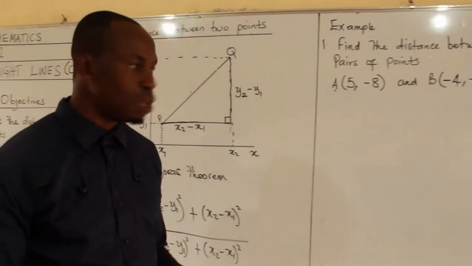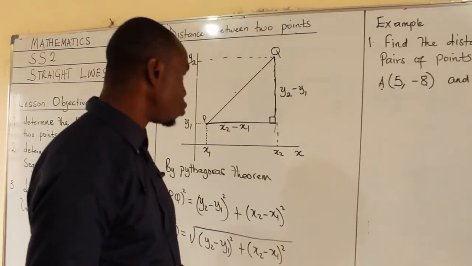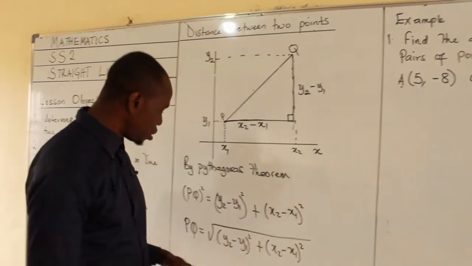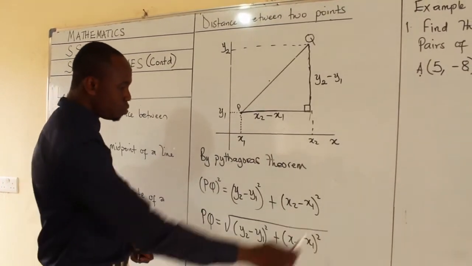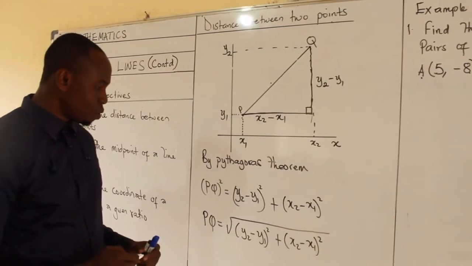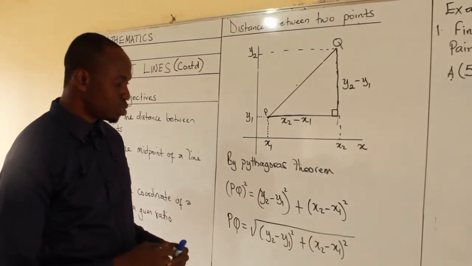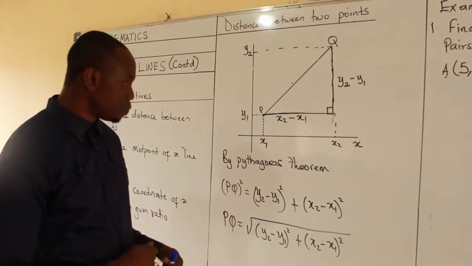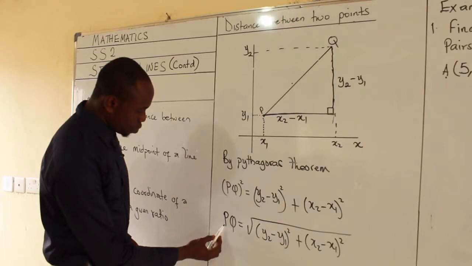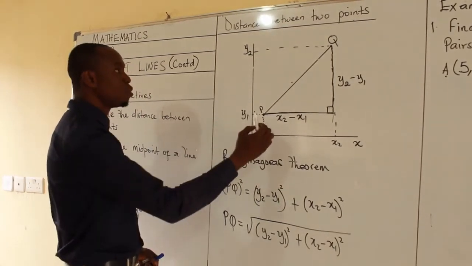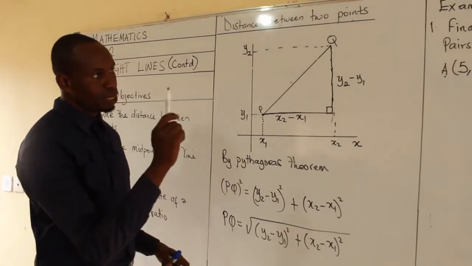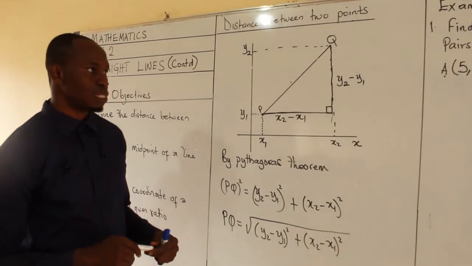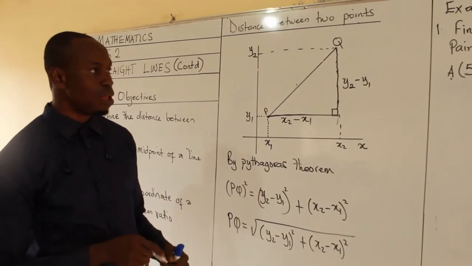So if I use this formula which says PQ is equal to square root of y2 minus y1 all squared plus x2 minus x1 all squared. Remember, this is PQ because we were told to find the distance between P and Q. But in the situation we have in our example, we are dealing with AB.